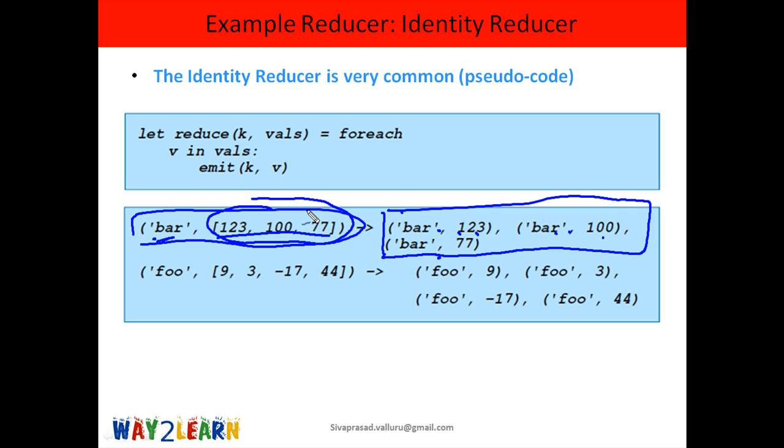So if your reducer is outputting key value pairs just like your mapper, then such reducer is called as identity reducer. For the first time whenever you are seeing this identity reducer code, it might be difficult to understand. Just analyze this presentation once, you will understand how this identity reducer works.